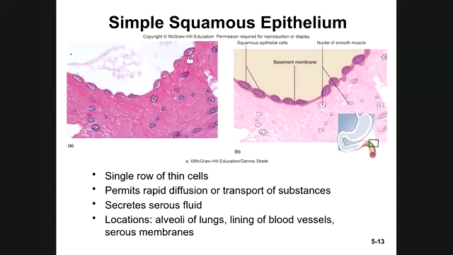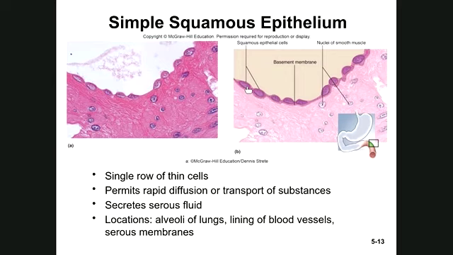And the first layer which you can see is epithelium. In this picture, you see that your epithelium is organized only in a single row. Your cells in both pictures are flat. They are very thin, and when they become thin, they can help diffusion or transport of substances.